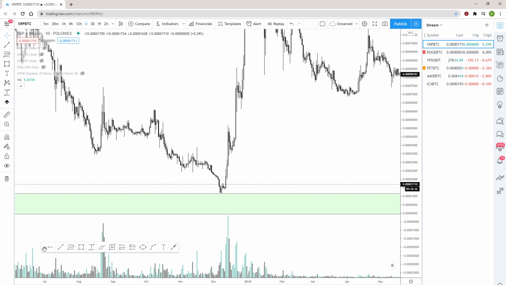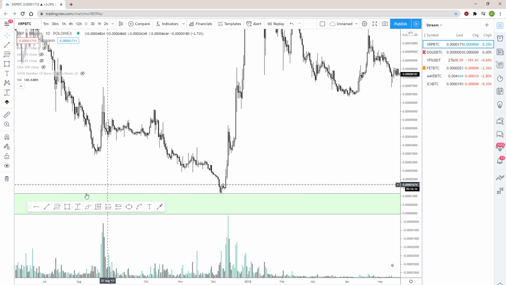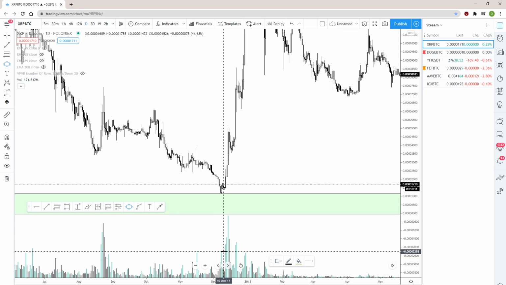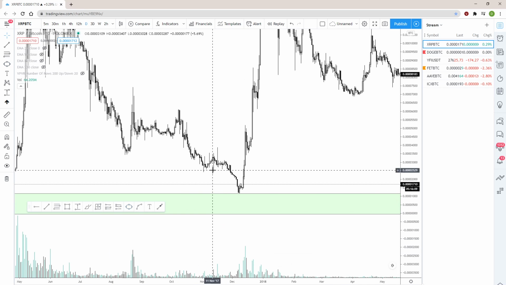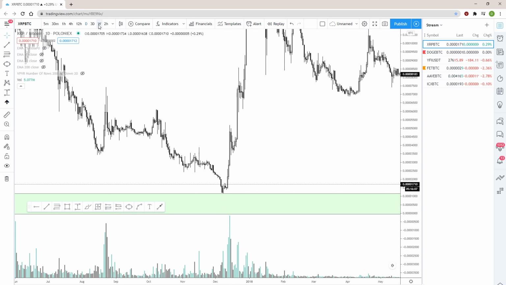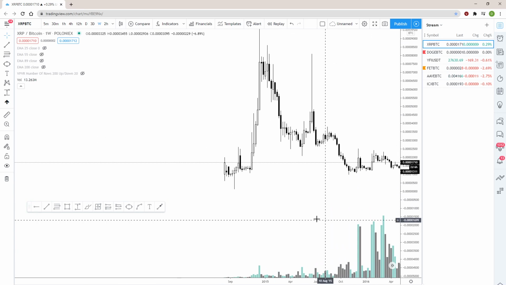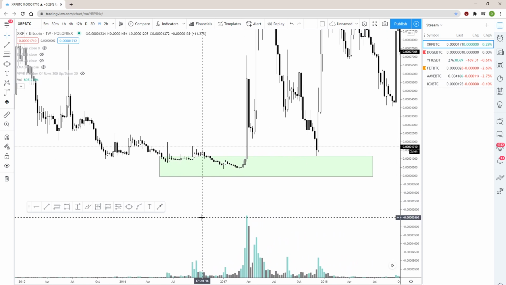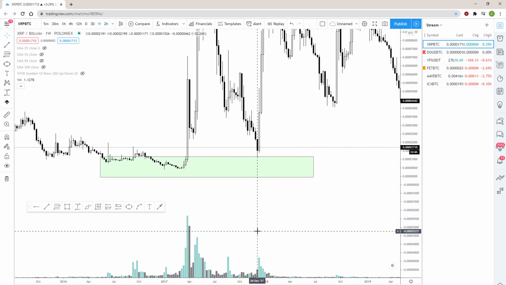And you can already see this is a long-term downtrend here. Unfortunately, this chart doesn't really highlight it. It highlights it more on the weekly. But you can basically see high sell volume right here.